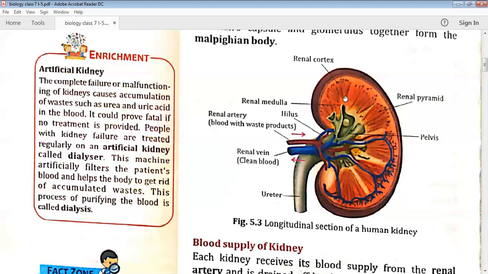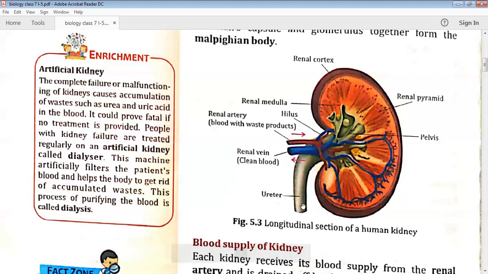Each Bowman's capsule continues as a narrow and twisted tubule and opens into a collecting duct. When we talk about collecting duct, you are able to see the pelvis. Pelvis is the main collecting duct. All the renal pyramids are connected to this pelvis, which finally enters into the ureter.